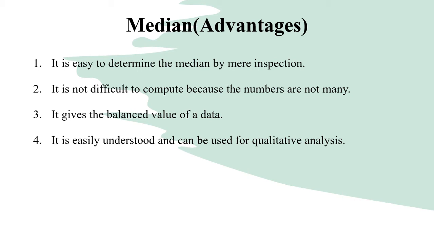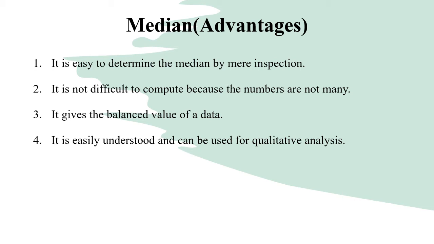That is, after you have arranged the distribution in ascending or descending order. 2. It is not difficult to compute because the numbers are not many. It just requires the middle number. So it's not like the mean, where you have to calculate or compute all the numbers in the distribution. 3.